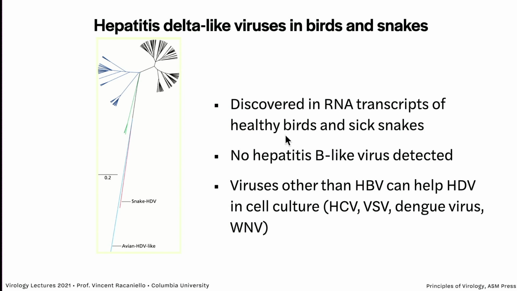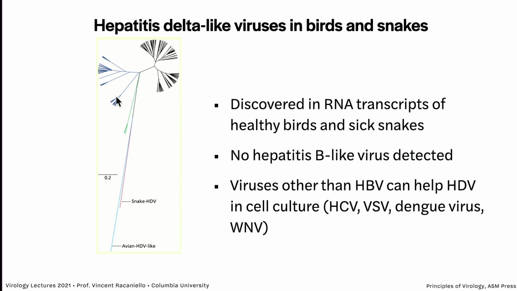They found hepatitis delta-like sequences in both, circular RNAs, very much like hepatitis delta virus. The kicker is there are no hepatitis B viruses in these birds and snakes to act as a helper. Yet, the only thing encoded in these genomes is delta antigens, so there has to be a helper somewhere.